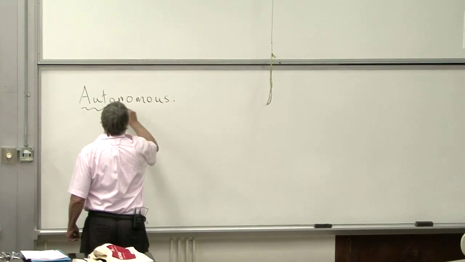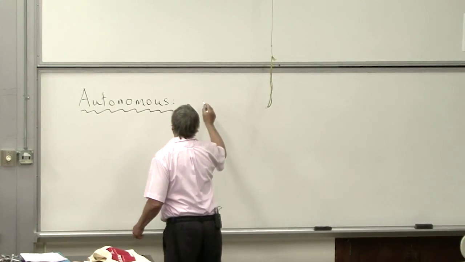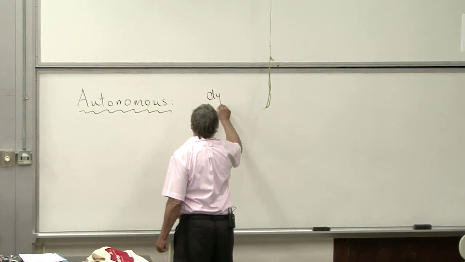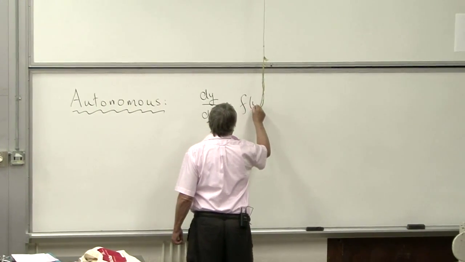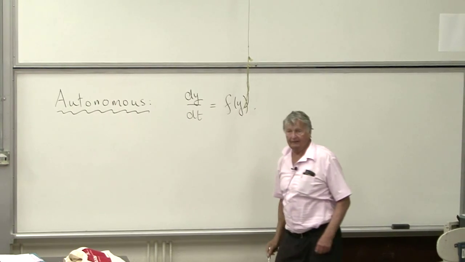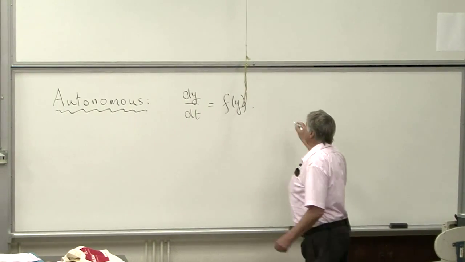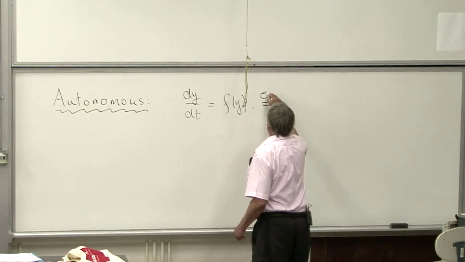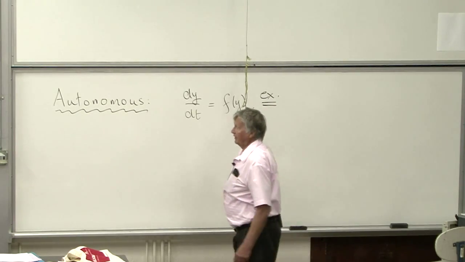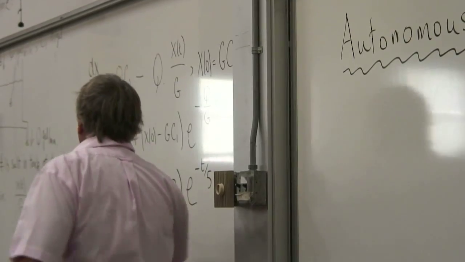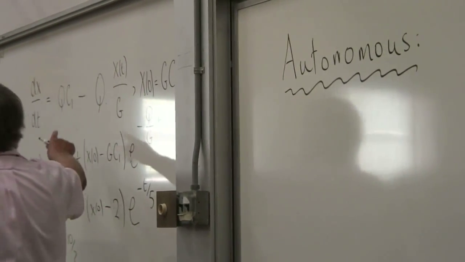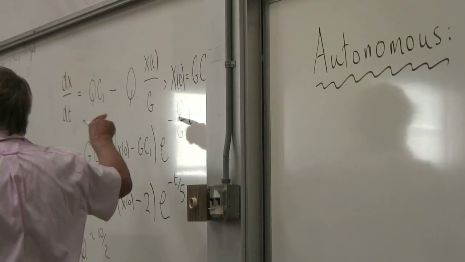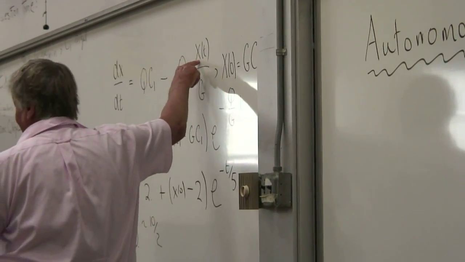Okay. So what do we do? So we have something like dy by dt is f of y. F of y only. Now our example, we'll choose it from here. Okay? Now our example here is going to be 2 minus x over 5, only the x is now the y, right?